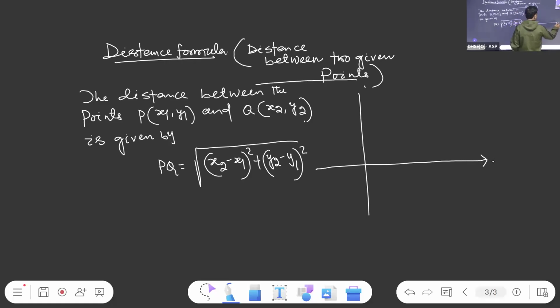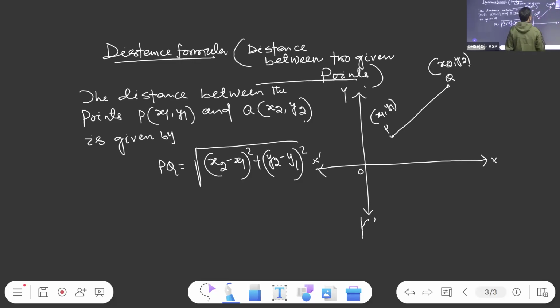This is x-axis, x x dash. Your y-axis. Suppose point P has coordinate x1, y1, and this is point Q having coordinate x2, y2. We want to find the distance PQ. Let us draw two perpendiculars from P and Q upon x-axis. Let M and N be the foot of the perpendicular.